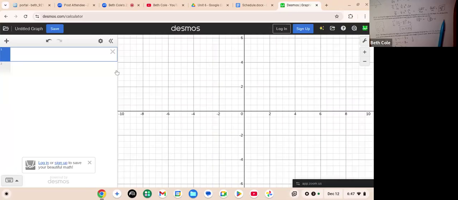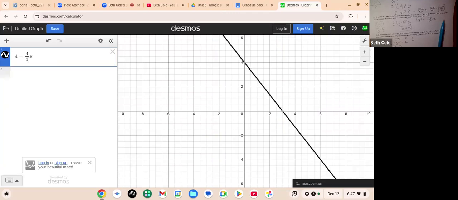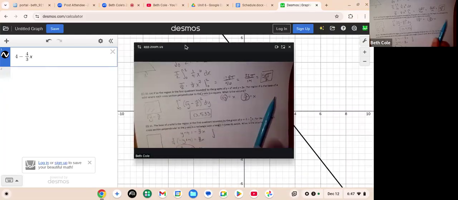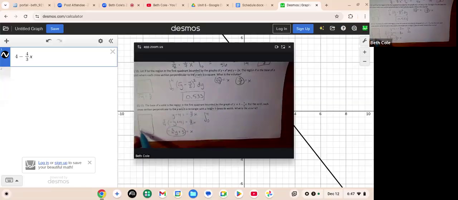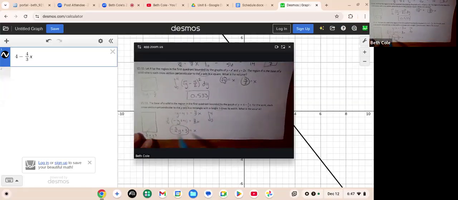All right, so it was 4 minus 4/3 x. And I want y values for my boundaries, so it's going to be 0 to 4. I should have realized that. That's the y-intercept. And so let me pull this back up here. So 0 to 4, and I want the area of my shape to be what goes in here. So this is the base. Again, the height is 3 times that.